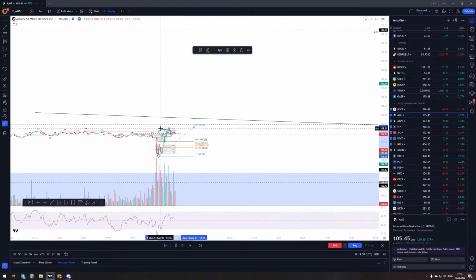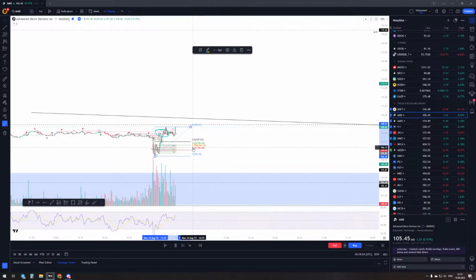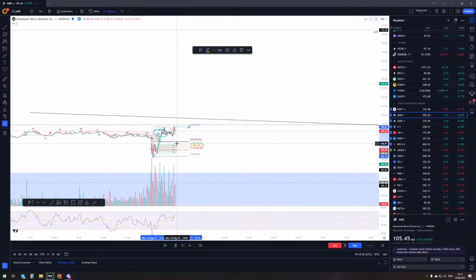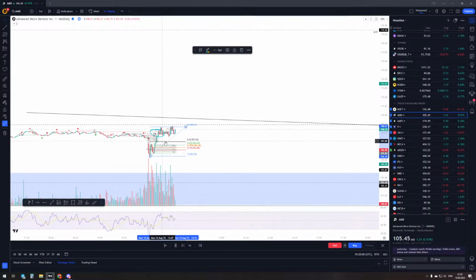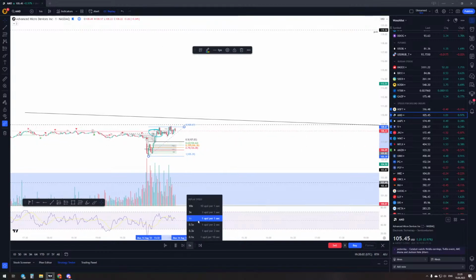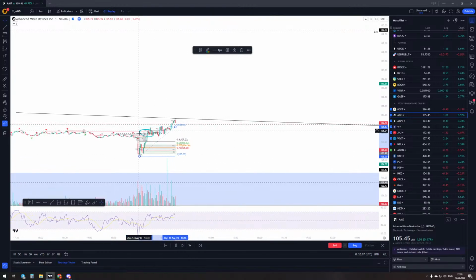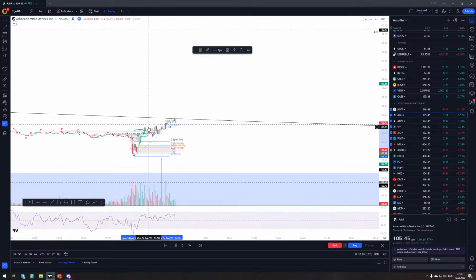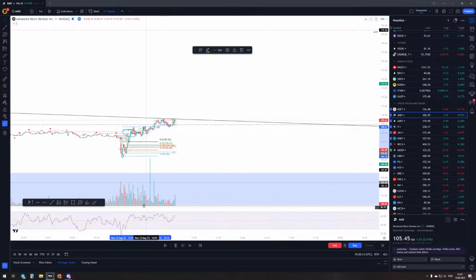Also, there was a news event that Nvidia took a huge order from Saudi Arabia for chips. But as you can see, you still had plenty of time to enter here, because there was a little consolidation. This is a small Wyckoff on the 1 minute.